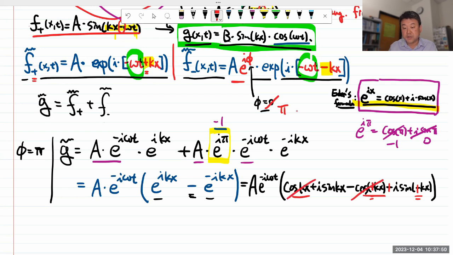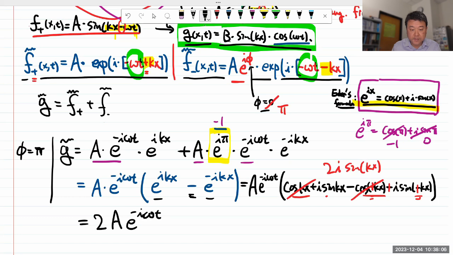So these two will just cancel out, and I can combine these two into 2I sine of kx. So when you write that down, what you get is 2a e to the minus I omega t times, now there's an imaginary number, so I times sine of kx.